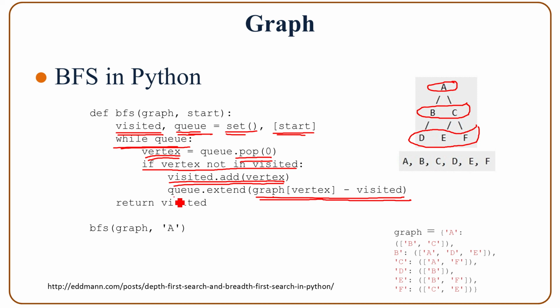So in the next iteration, you continue pulling out from the queue, store to vertex, and so on. So the order of visiting is A, and then B, C, and then D, F.